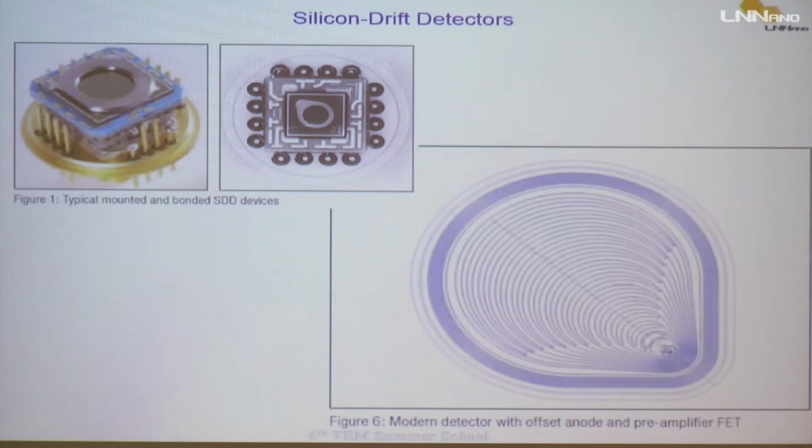The new detectors have this teardrop shape, where the anode is here, isolated from the place where the photons arrive. Then it optimizes the detection of the photons by not including the potential difference that you have here at the anode. Okay?